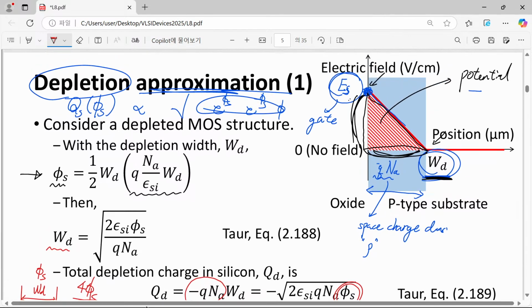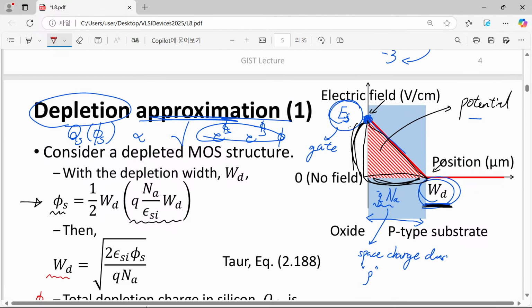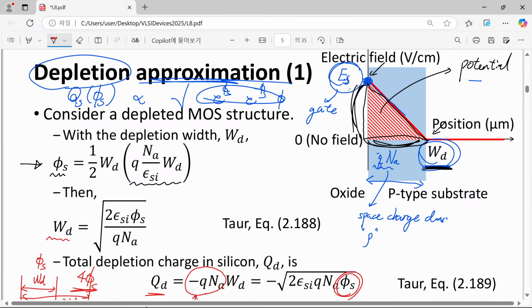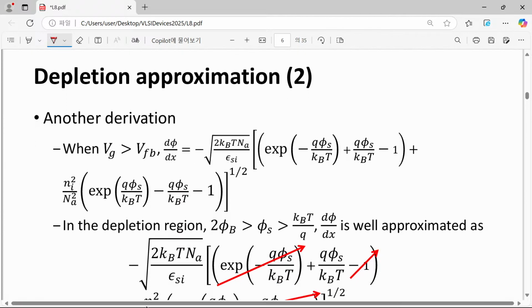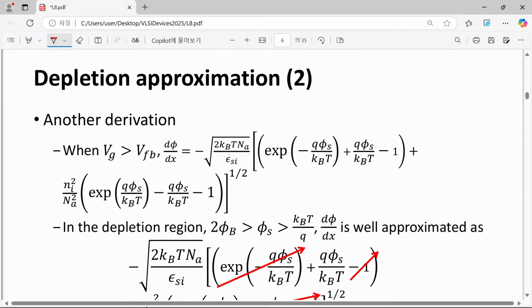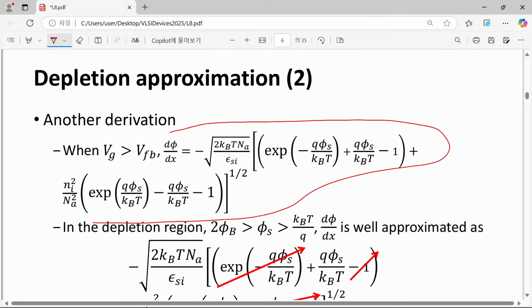Up to now, I just showed you the discussion starting from this simple approximated electric field form, but instead of that, let's start in a more rigorous way. Here, you have one expression. What is it?